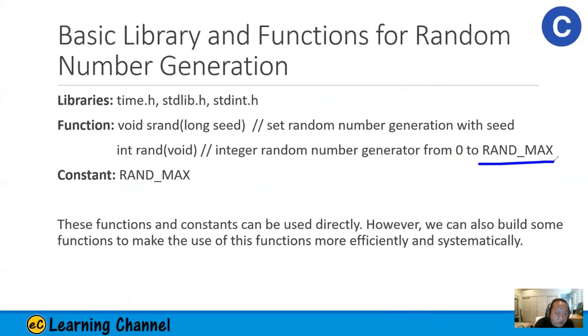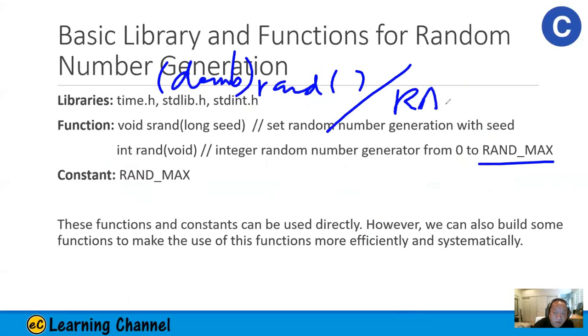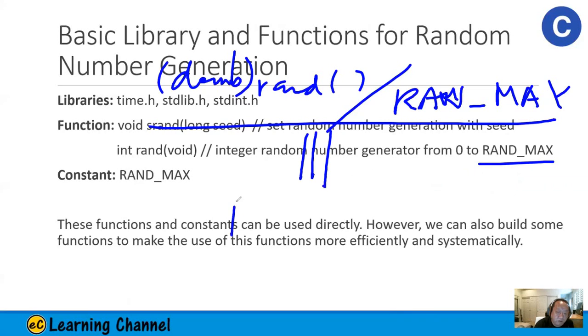So if you do this, like rand converted to double, divided by RAND_MAX, it is equivalent to what? This one is equivalent to Math.random. Is that okay? Yeah.